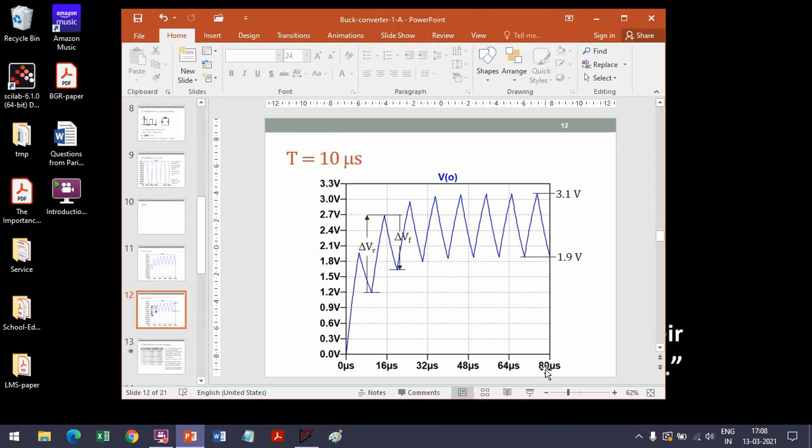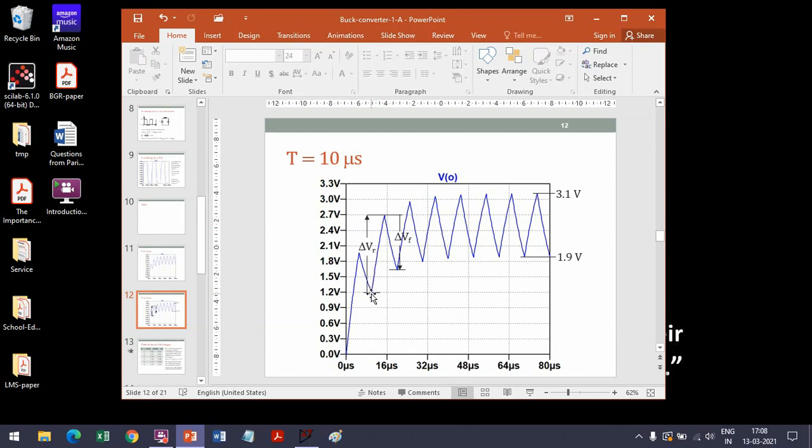I have plotted it for only 80 microseconds instead of 100 because the output had already settled down by 80 microseconds. Now I am defining two terms. So when the input is 5 volts, the output, let's say in the second cycle, is going from here to here. So I am calling this delta VR, R for rise.